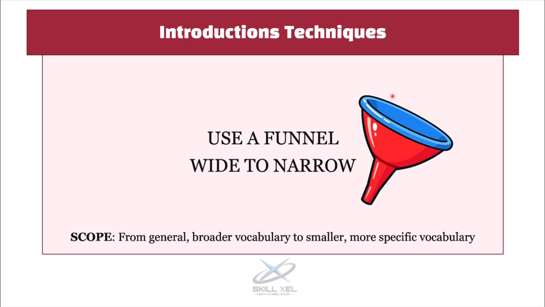So remember the scope, going from general, broader vocabulary, meaning vocabulary that can be explained but not understood outright, and then you can start using smaller, more specific vocabulary. Instead of using parents, you start with parents first, and then you go with mom and dad, because that makes up about 3 words, whereas parents makes up about one, a general word.